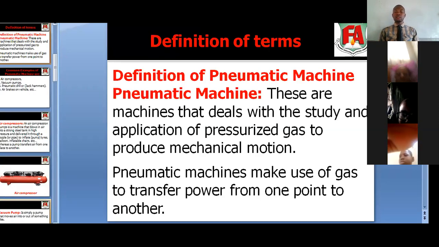These are machines that deal with the study and application of pressurized gas to produce mechanical motion. Pneumatic machines make use of gas to transfer power from one point to another.